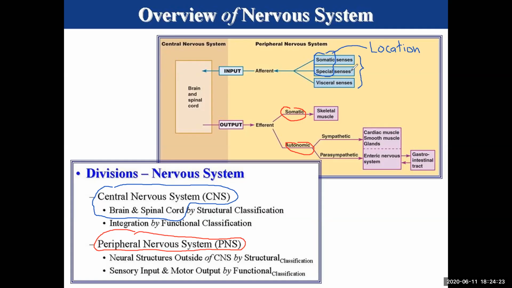Special sense, we have 5 special senses, right? So the 4 somatic general senses: sense of touch, sense of temperature, sense of pressure, and sense of pain. Those are the 4 general senses. The 5 special senses: sense of sight, sense of smell, sense of taste, sense of hearing, and sense of balance. Those are the 5 special senses.